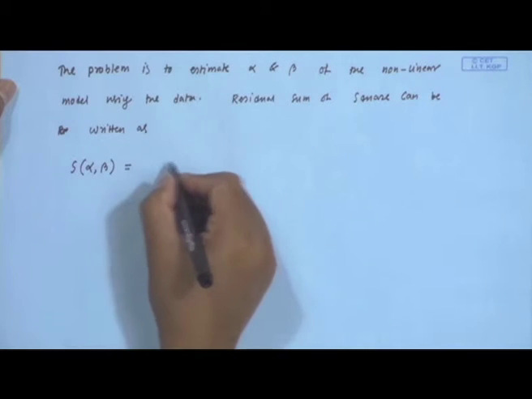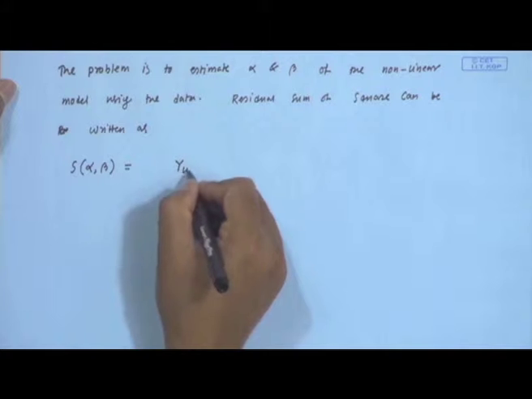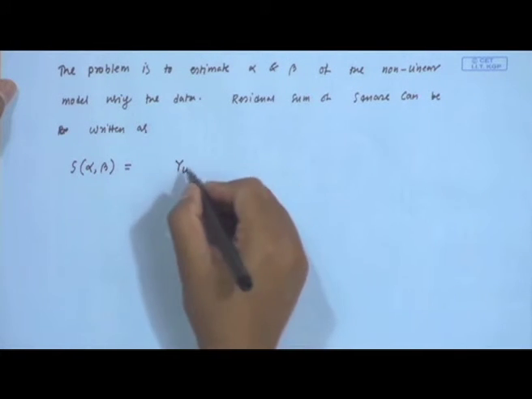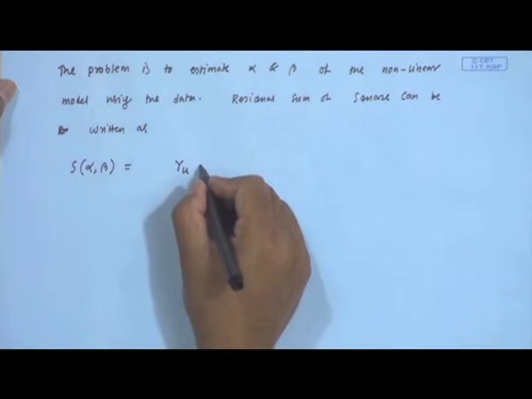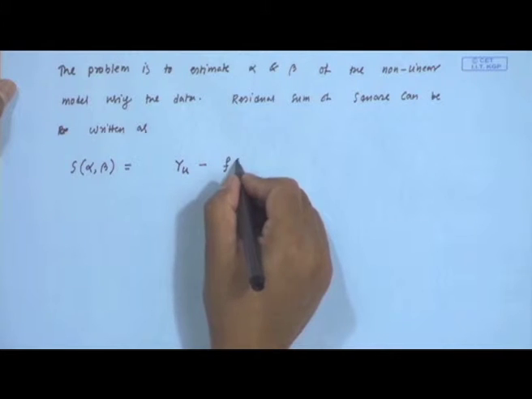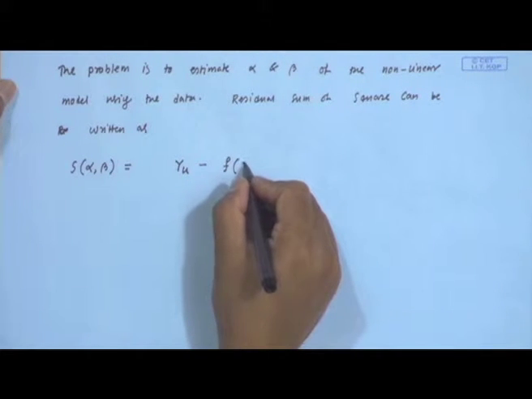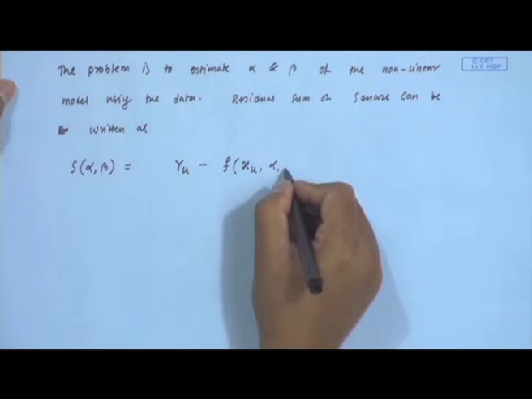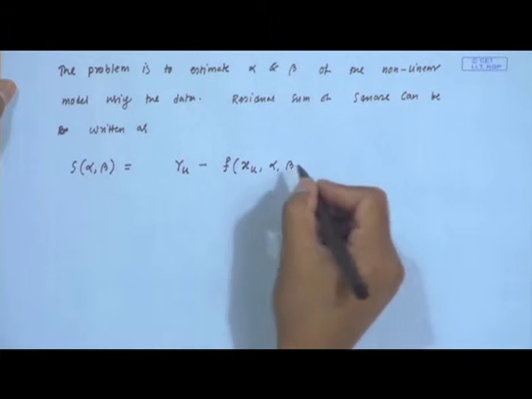This is equal to the sum over u of y_u, the uth observation corresponding to the response variable y, minus f(x_u, alpha, beta).